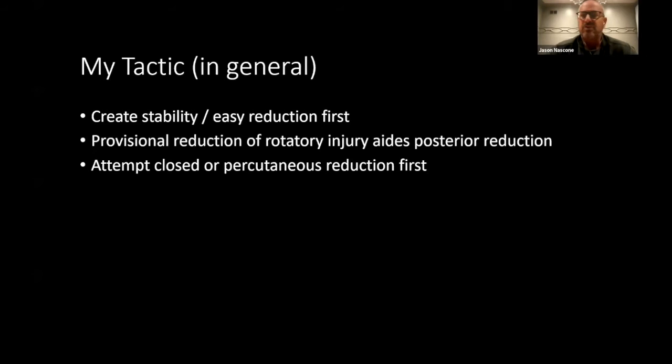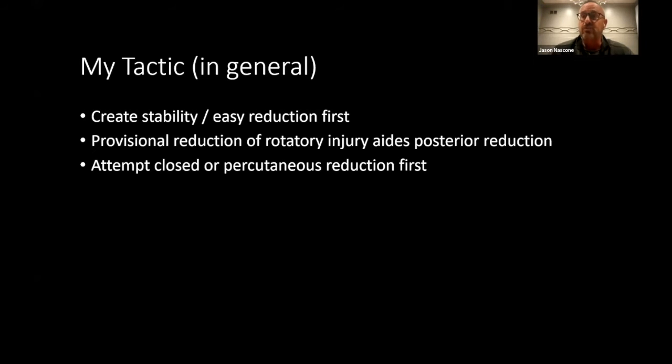So this is my tactic, and it's just a generalized way that I look at these pelvic rings. There are a lot of different ways to do things, but this is sort of where I am now. I want to try to create stability and do whatever's an easy reduction in the pelvis first. So if it's a bilateral injury, I want to start on the easier side, create some hinge point, some stability, and then work my way around. I like to get a provisional reduction of a rotatory injury.